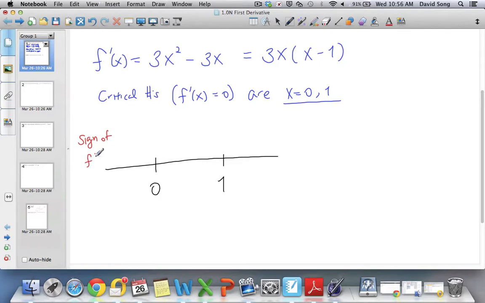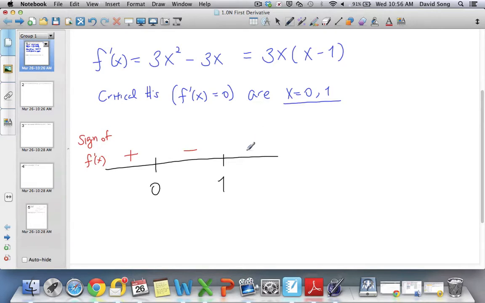Okay, so if I plug in a negative number here, 3 times x is a negative number, and then x minus 1 is also negative, so negative times negative is going to be positive. Any number between 0 and 1, 3 times x is positive, but x minus 1 is negative, so you will get a negative number here.